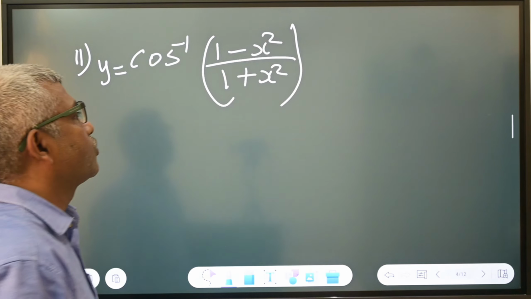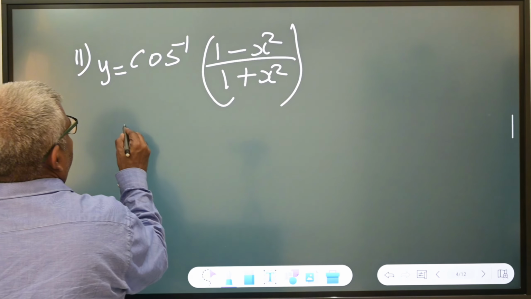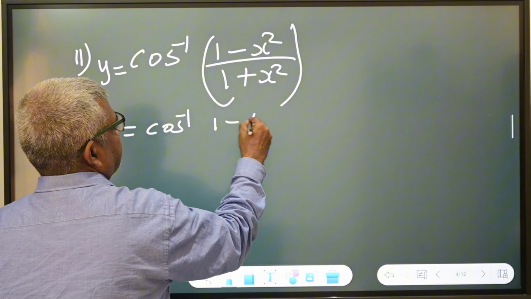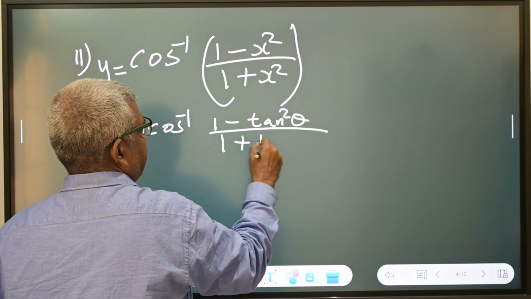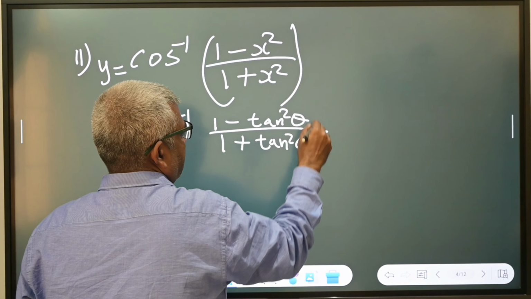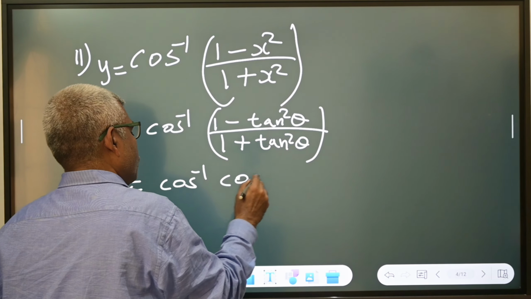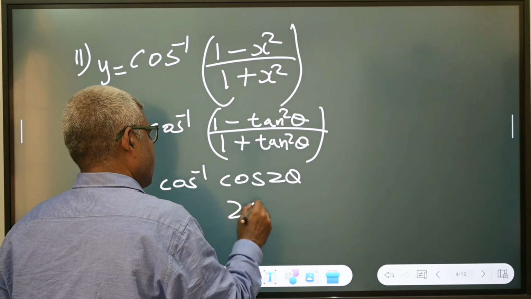So let x equal to tan theta. What will happen? Cos inverse of 1 minus tan square theta over 1 plus tan square theta equals cos inverse cos 2 theta, which equals 2 theta, which equals 2 tan inverse x.